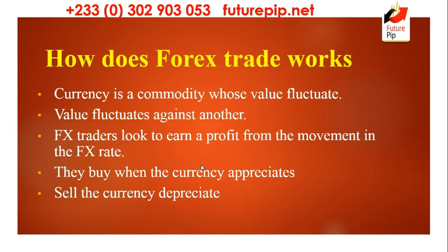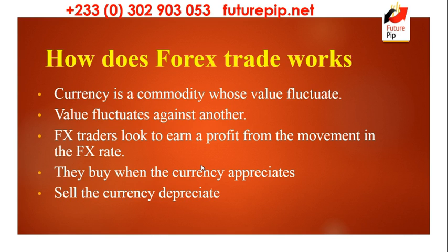And so they look on the charts, look at the currency. For instance, you're trading euro against US dollar. First you understand that a currency is a commodity and the value fluctuates. Now, a forex trader is looking on the charts.